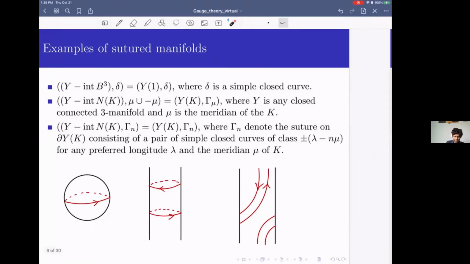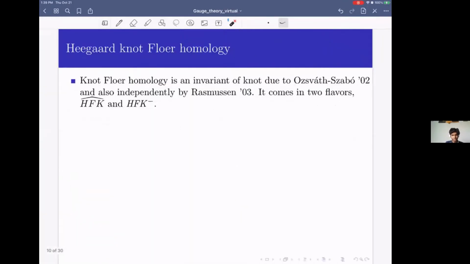Now let's very briefly talk about Floer homology. What is Floer homology? It's an invariant due to Ozsváth and Szabó, and also independently by Rasmussen, and it comes in two flavors, the hat and the minus version.